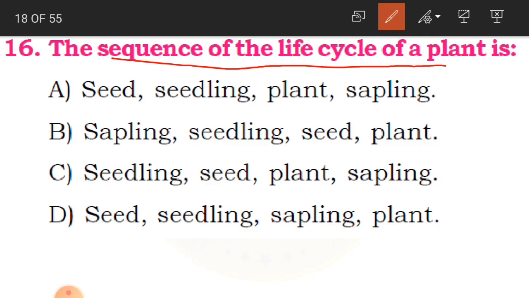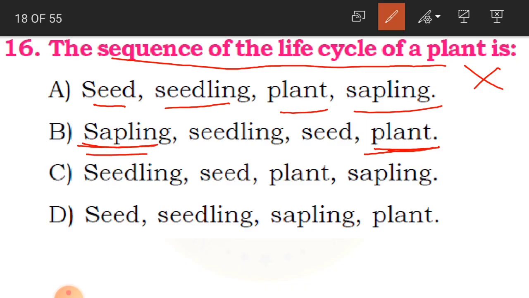Now if you see children, A option says first you have the seed, then seedling, then plant, then sapling. Is it correct? No, we'll have the plant at the end. So that is why this is the wrong option. And what is the second one? Even though it ends with the plant, it has started with the sapling.